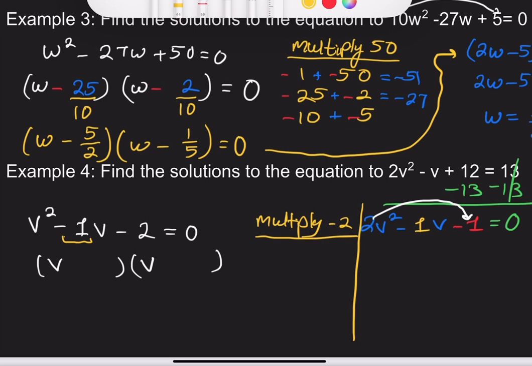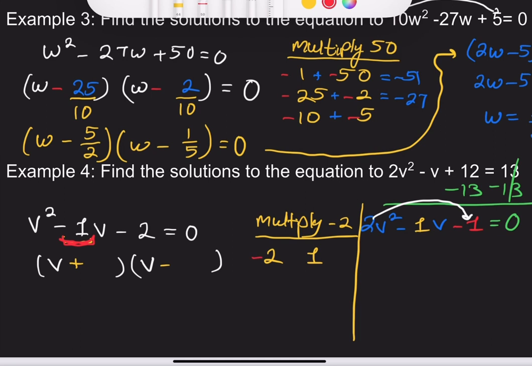The only numbers that multiply to negative 2 will involve 2 and 1. But which one will be negative? Well, whenever you're multiplying to get a negative, one number is positive, the other one is negative. Because the middle term is negative, that means the bigger of the two numbers will be negative.